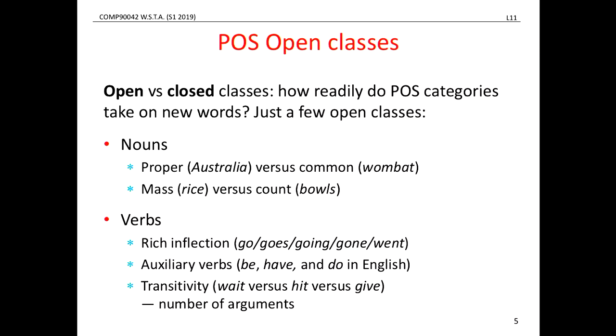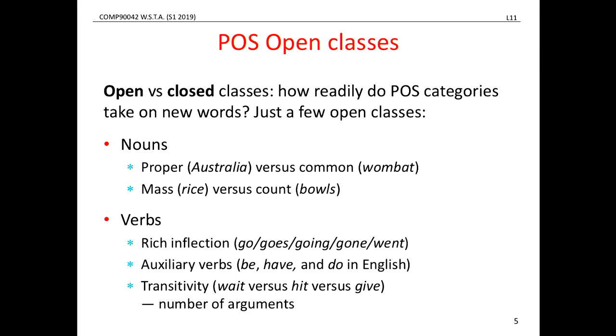Things like nouns. If you look at the number of different nouns in English, there are many tens of thousands or hundreds of thousands. In contrast, there's closed class, which mainly perform syntactic roles, of which there are very few, and they don't change very much. So we have a small set of things, and I'll give you some examples of closed classes in a sec.